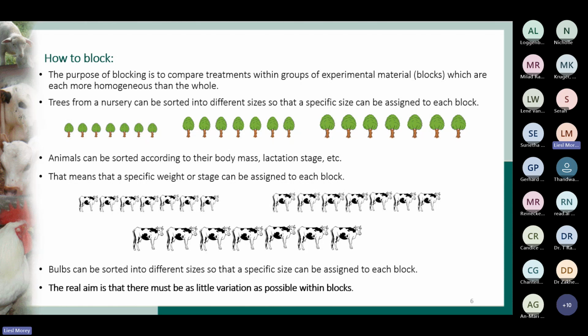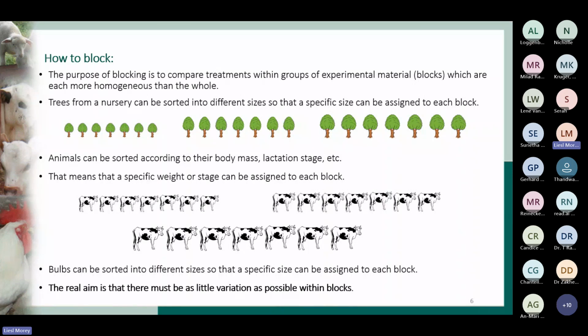So you have 10 treatments, you take the 10 smallest trees and you will randomly allocate your treatments to the 10 smallest trees, and you'll do that for all the groups until you get to the largest trees. That way each treatment is assigned to a small tree, a medium tree, etc., up to a large tree.